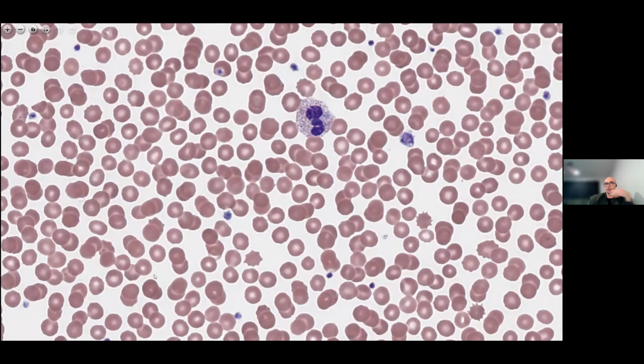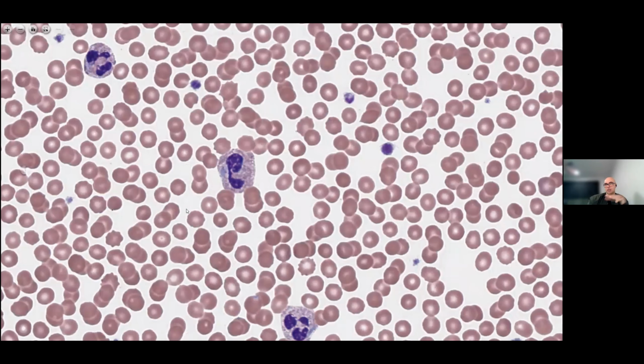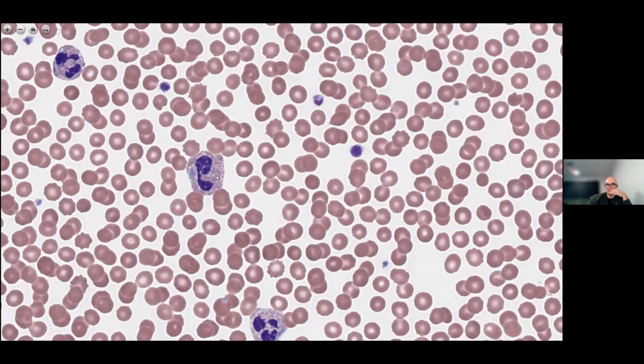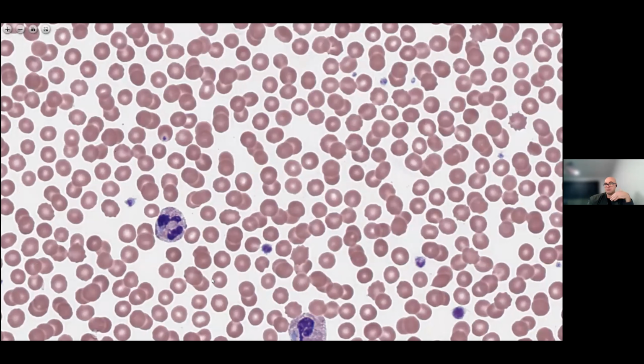Patients with May-Hegglin anomaly do have bleeding tendencies. I'm not trying to speak for you because you're the hematologist, but not necessarily severe bleeding tendencies.